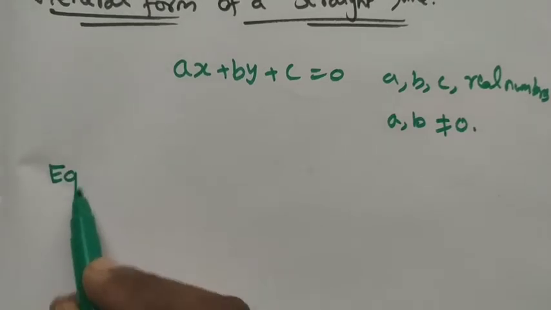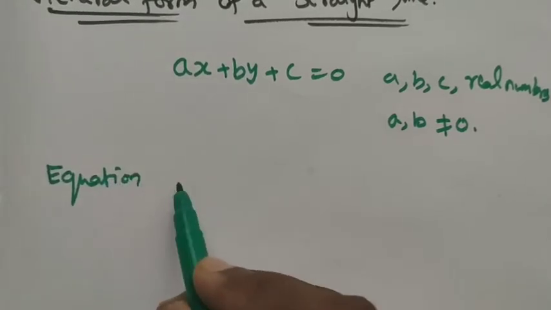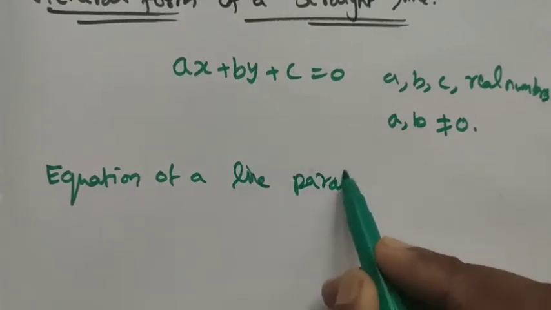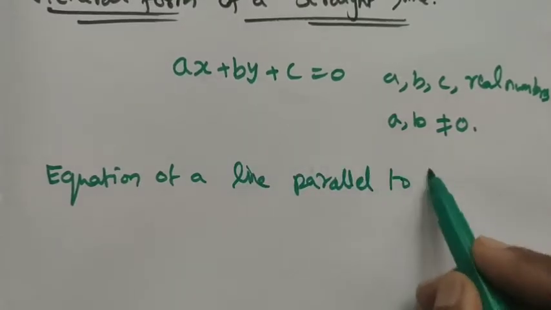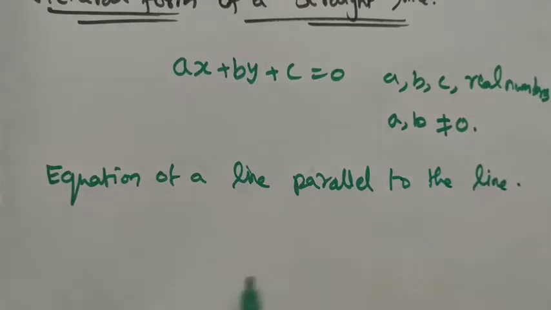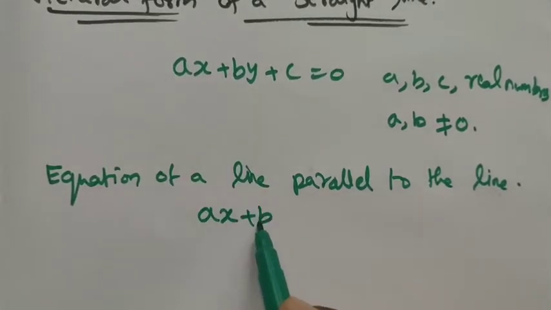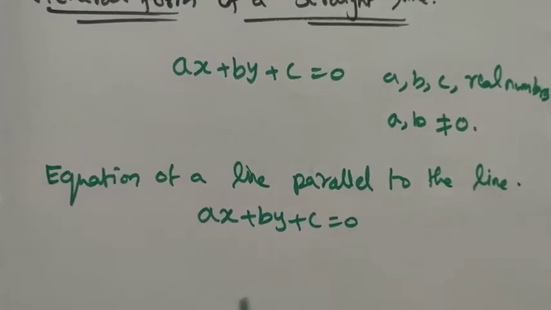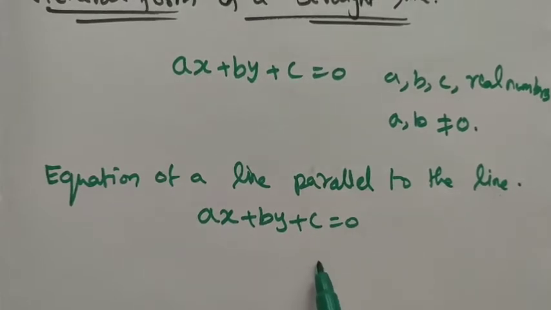See, the equation of a line parallel to the line. Assume the equation of the line is given as ax plus by plus c. If the equation is given and we want to find the parallel line, there is a change only in the constant term.